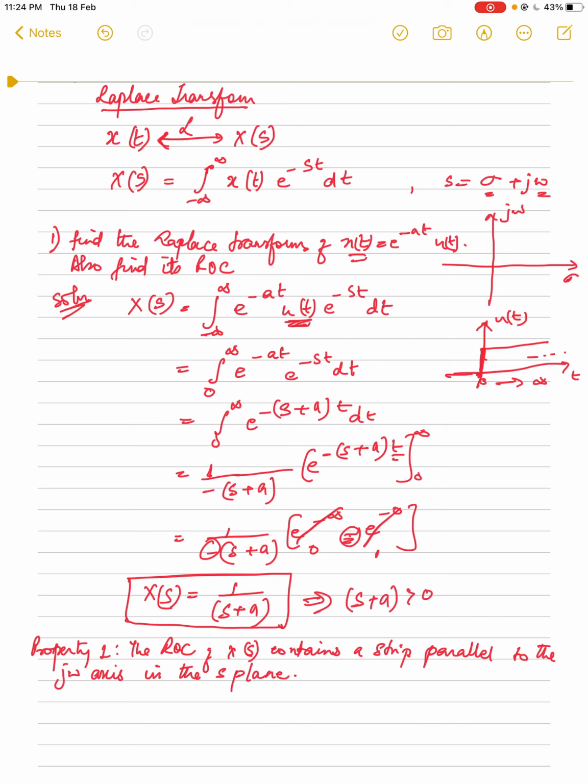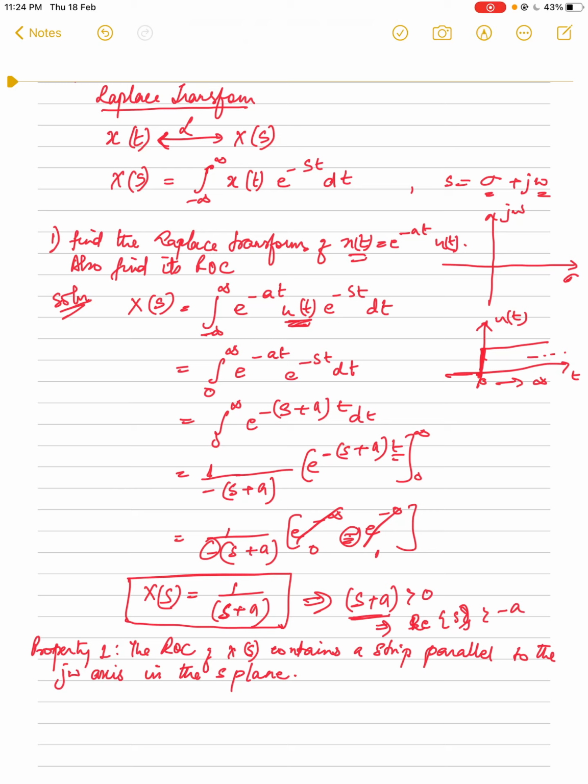Because if it's negative, the system becomes unstable, and it also should not become 0, then it becomes infinity. So the only option you have is s plus a should be greater than 0. What does it imply? It implies that real of s should be greater than minus a.